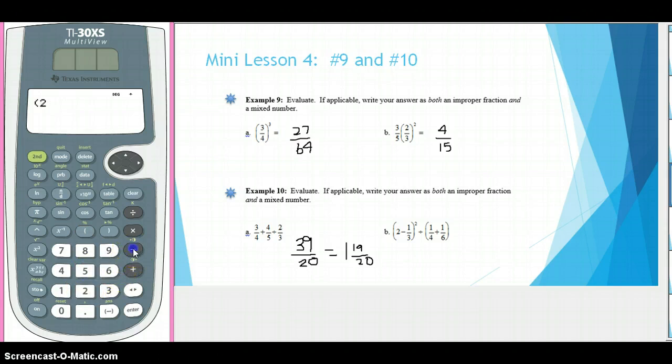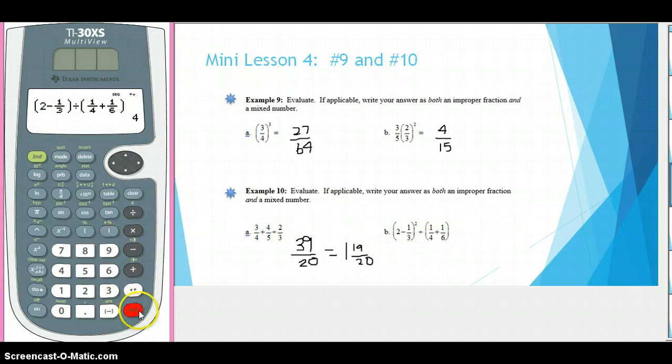So parentheses, 2 minus 1/3, close the parentheses, divided by, now we have new parentheses, 1/4 plus 1/6. And now that seems to check.